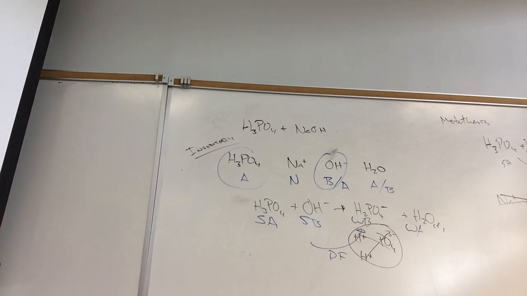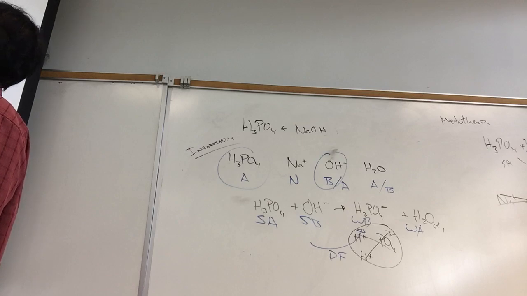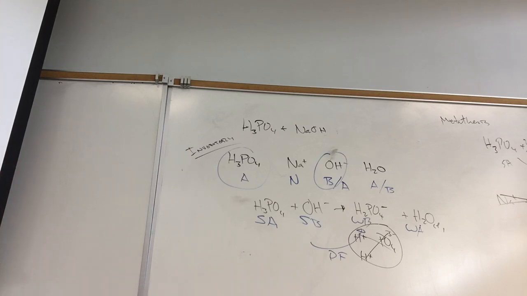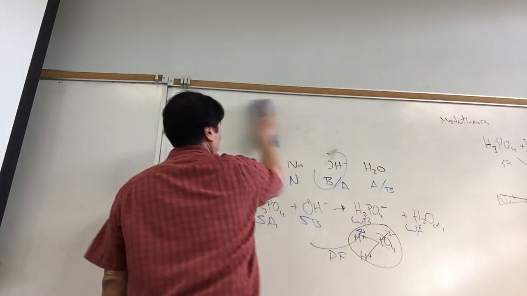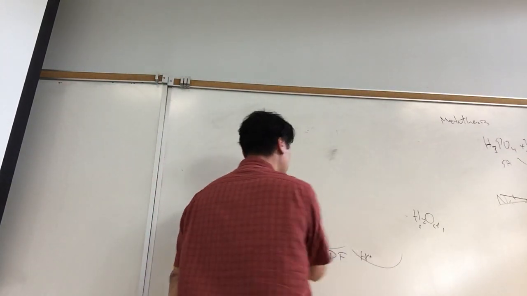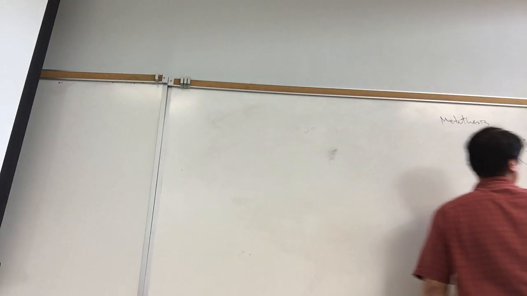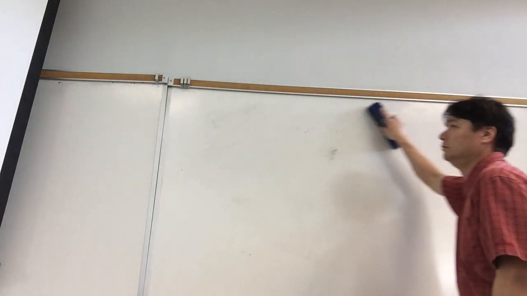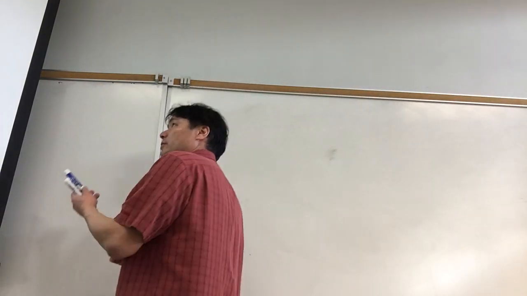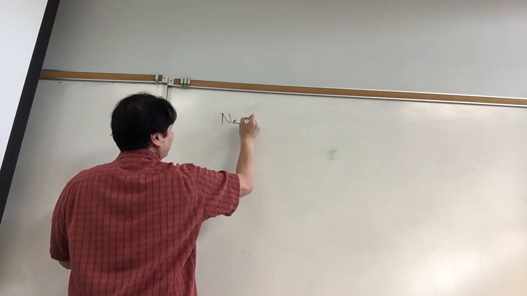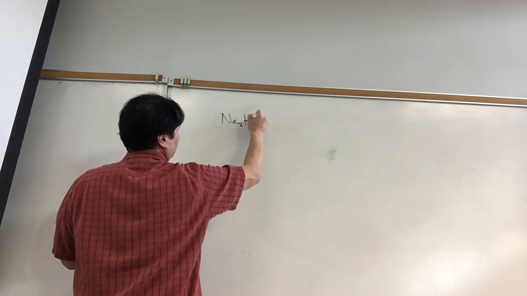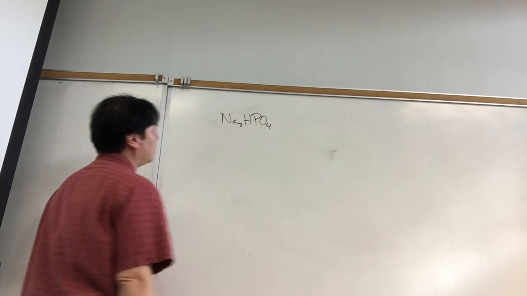Solutions of sodium monohydrogen phosphate and potassium hydrogen sulfate are mixed. Let me mark this up here. All right, somebody give me the formula for sodium monohydrogen phosphate. Na2HPO4, that's correct.